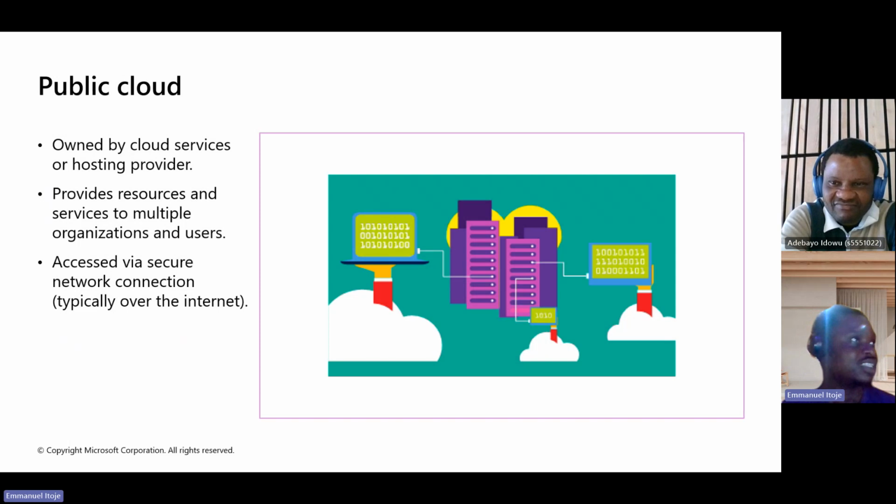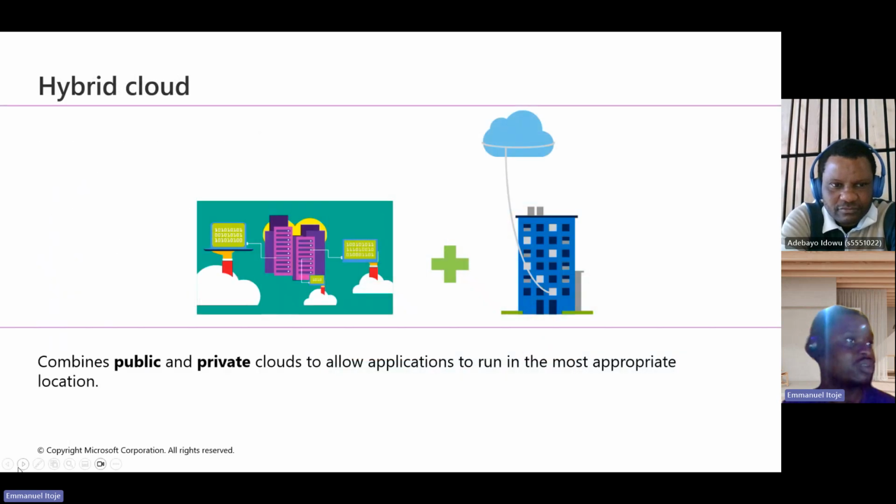No. Then the next one, this is just a high-level overview, is the hybrid cloud. That is a combination of both private and public cloud. It combines both to allow applications to run in the most appropriate location. Like for us, in our organization we use Amazon and Microsoft Azure.